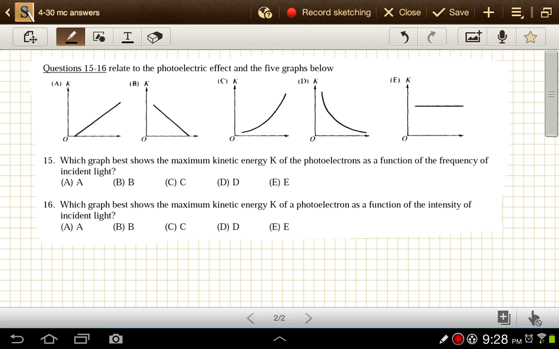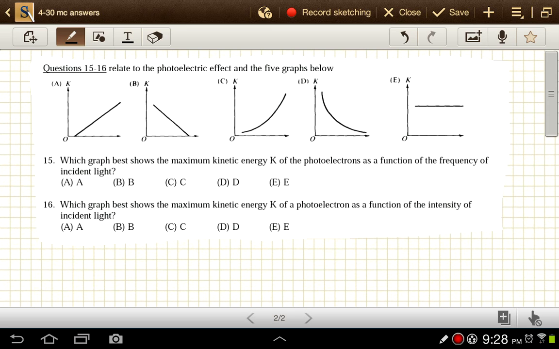Now on these ones, we're going to keep in mind the way that the photoelectric effect works is these individual photons, these particles of light, are striking individual electrons. And if there's more photons, they can strike more electrons, but that's not going to have an impact on how fast each electron moves. Each electron only gets hit by one photon.